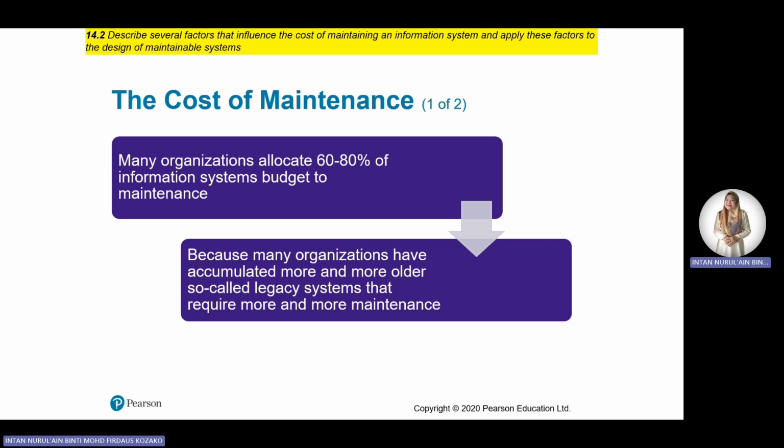There must be a budget allocated for maintenance, because maintenance is compulsory for every system that you have implemented. For a company to make sure how much it spends on the cost of maintenance, it can look at the affecting costs, which include system documentation quality, latent defects, number of users, and also maintainability of the code.